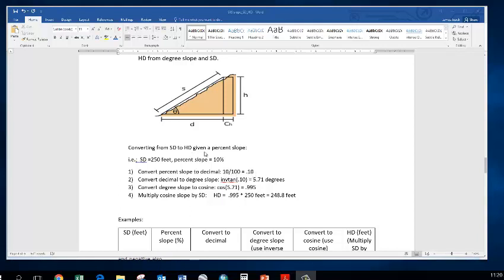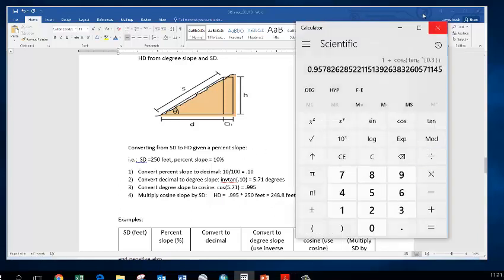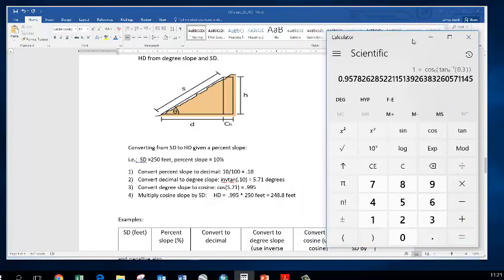Okay, so let me pull up the calculator. 10 divided by 100 equals... I think I did that wrong. Let's try that again. 10 divided by 100 equals, there we go. But now I have to do the inverse of the tangent of that.